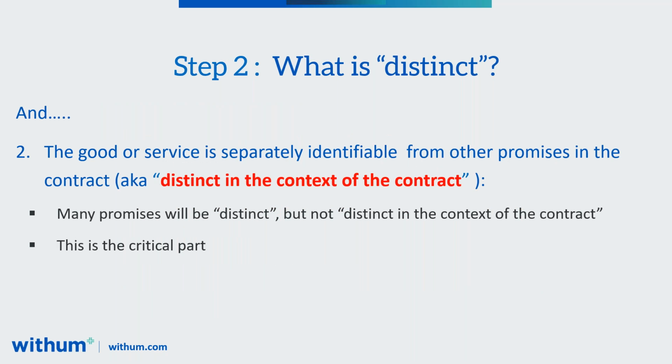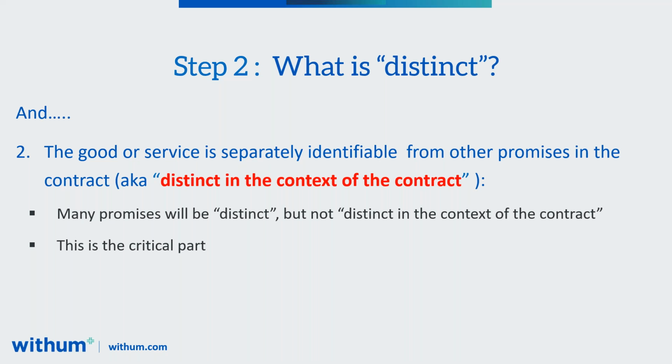The second part is usually the more challenging one, and it's known as, is it distinct in the context of the contract? And this is where looking at it from the customer's point of view is really key. In the context of that contract, from how the customer would approach it and think about it, does this promise rise to the level of being distinct in the context of the contract?